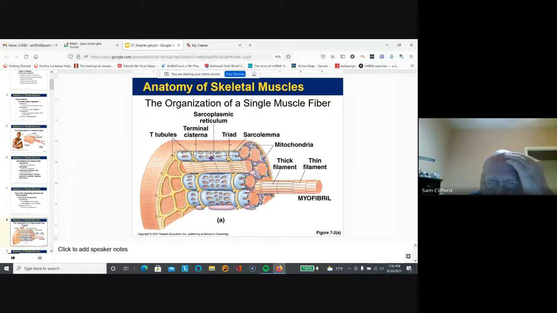Remember, this is a muscle fiber, a muscle cell. It's made up of bundles of myofibrils, which are composed of thick and thin filaments. The sarcomere goes from Z line to Z line. The actin thin filaments are connected to the Z line, and in the middle of the sarcomere there are thick filaments, the myosin.